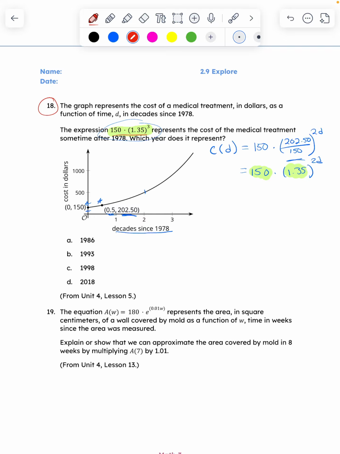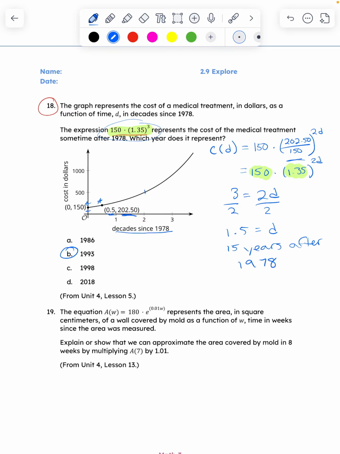So I know for sure that 3 is equal to 2d. No way around it. And that's easy, right? Divide both sides by 2. 1.5 equals d. So it's 1.5 decades after 1978, or 15 years after 1978. And 15 years after 1978 is 1993, baby.